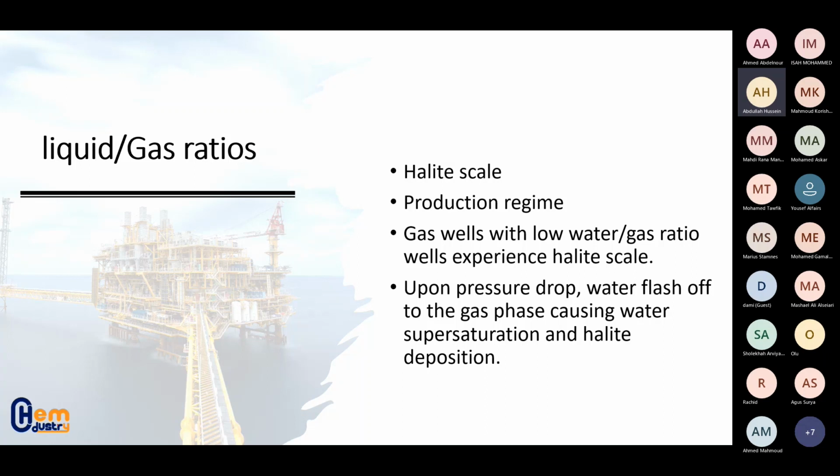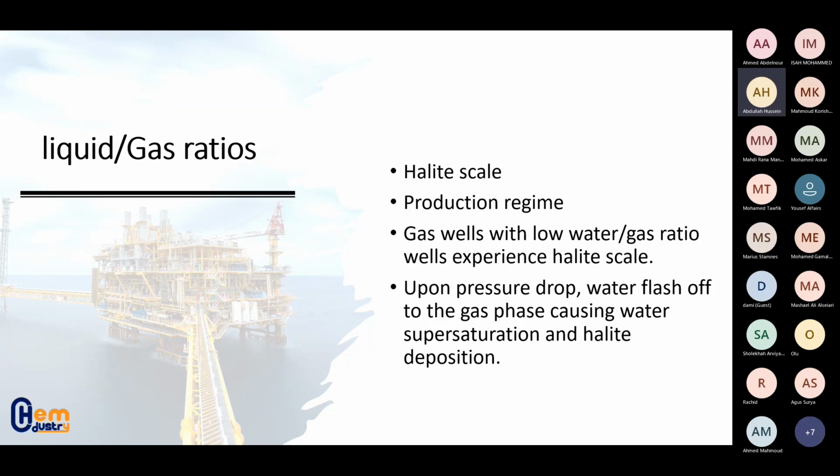We've seen these cases a lot. It can be really tricky as well, especially if you have very high temperature in your system, because whenever pressure drops, the gas evolves, then the high temperature can make the gas really dry, and this will make more water leave the solution, flash off into the gas phase, and this can make the case of halide scale even worse. So you have to be really careful in these cases.